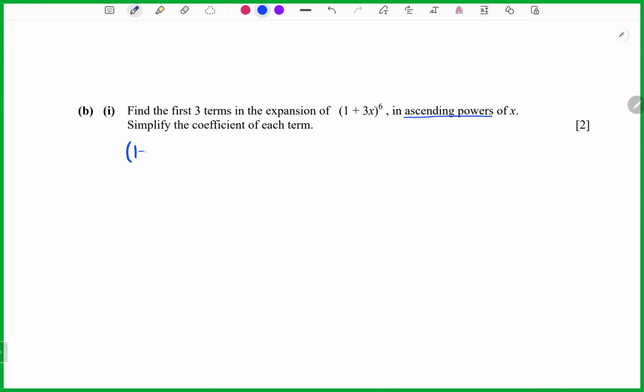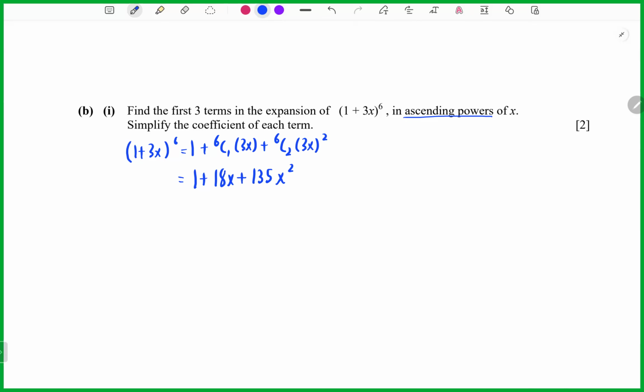So now we can find 1 plus 6C1, and we take 3x here, and then plus 6C2, 3x here is squared. So it equals 1 plus 6C1 multiply 3, so you will get 18x plus 6C2 multiply 3 squared, which equals 135x squared.